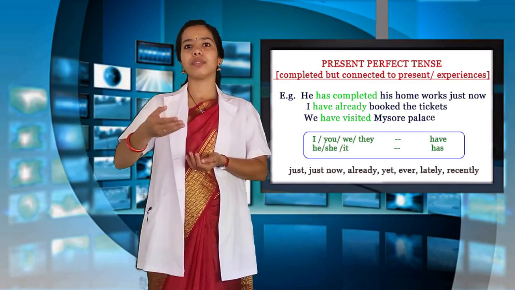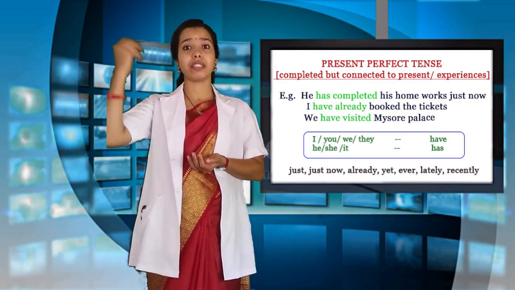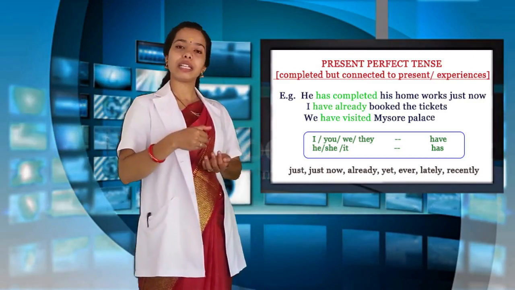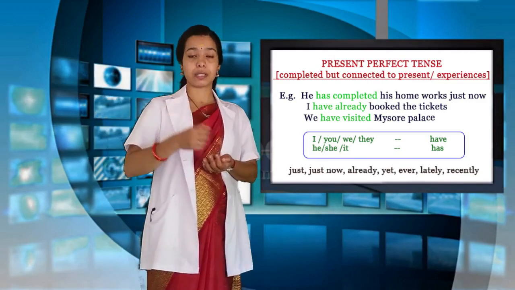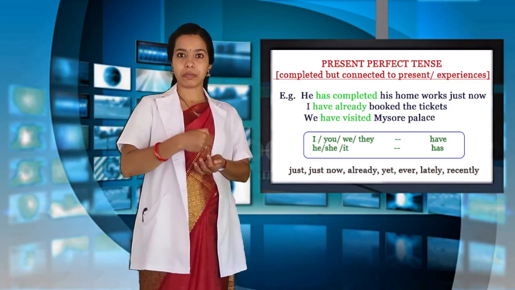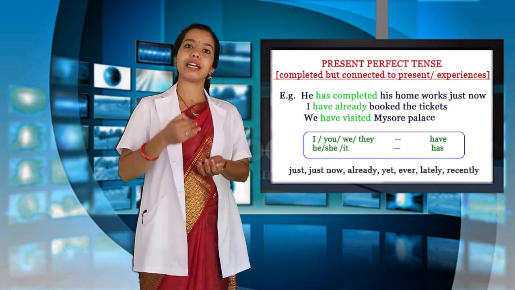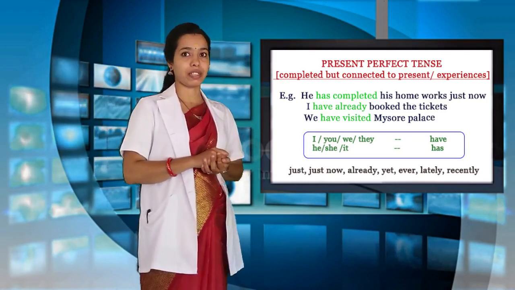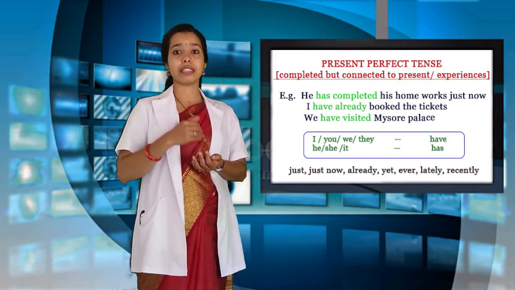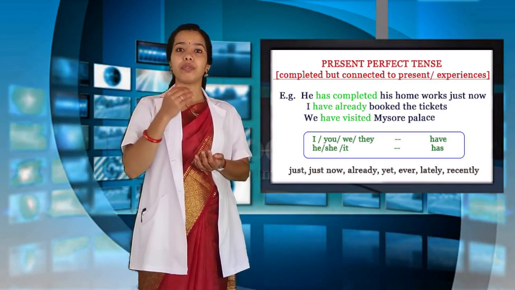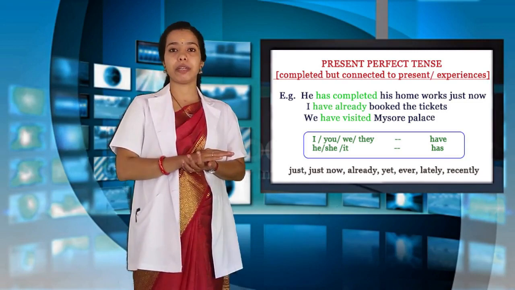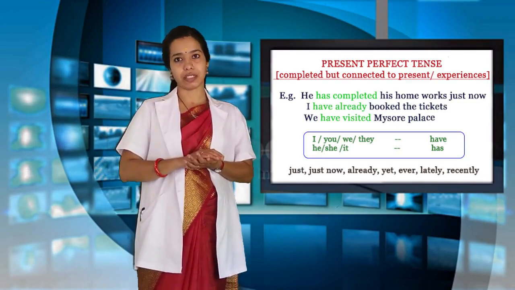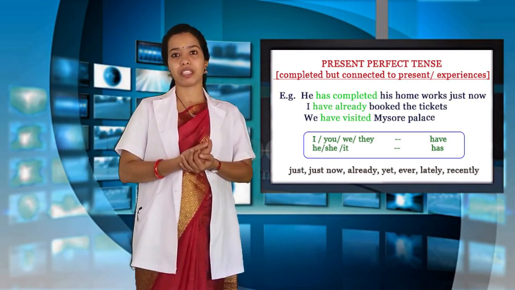Maybe the visit happened years back, but still you can say it is your experience and that memory is still with you. So you can say that I have visited or we have visited Mysore Palace. So present perfect tense denotes an action which happened in the past but is connected to the present, and it can denote your experience also.